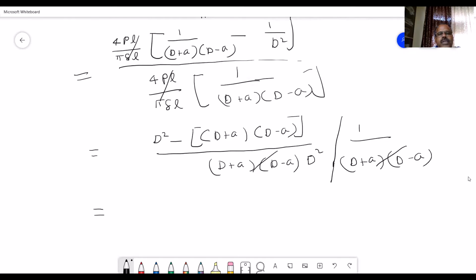We are going to get D square minus, in the A plus B, A minus B format, so this will become D square minus A square, divided by D square below.